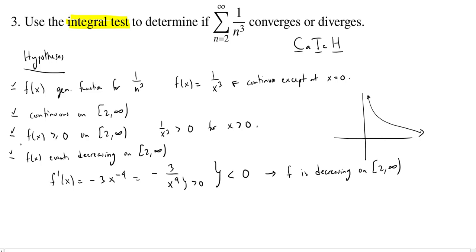Okay, so we have checked all the hypotheses for the integral test, which means we can use it. What does the integral test say? The integral test says that this series, the sum of 1 over n cubed, converges if and only if the integral from 2 to infinity of the generating function, 1 over x cubed, converges.